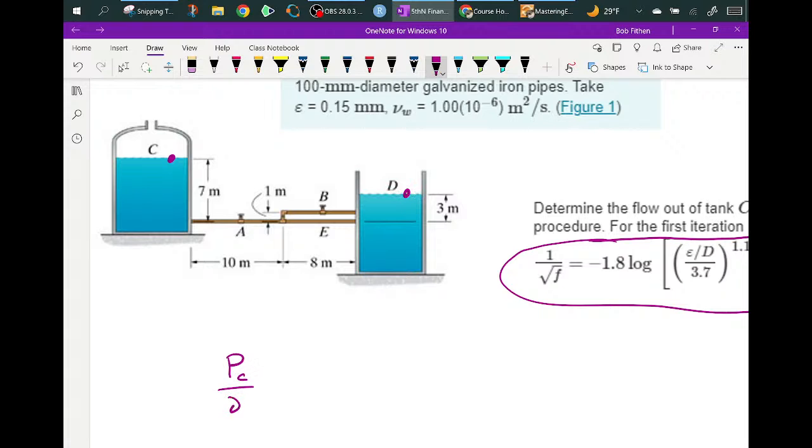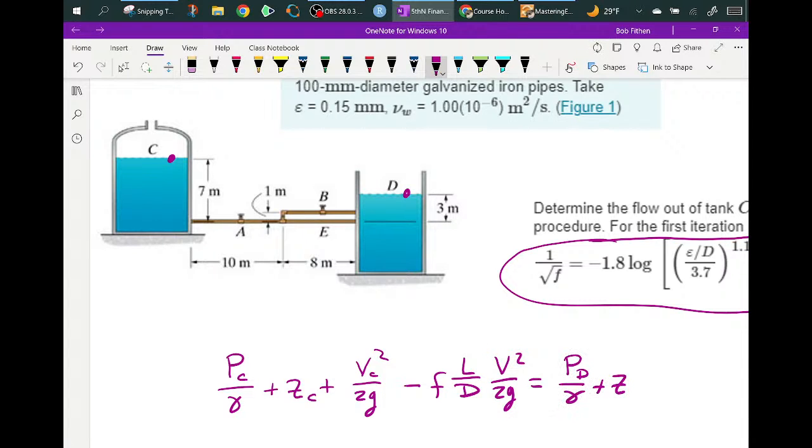PC over gamma plus ZC plus VC squared over 2G equals minus FL over D V squared over 2G equals pressure at D over gamma plus Z at D plus V at D squared over 2G.